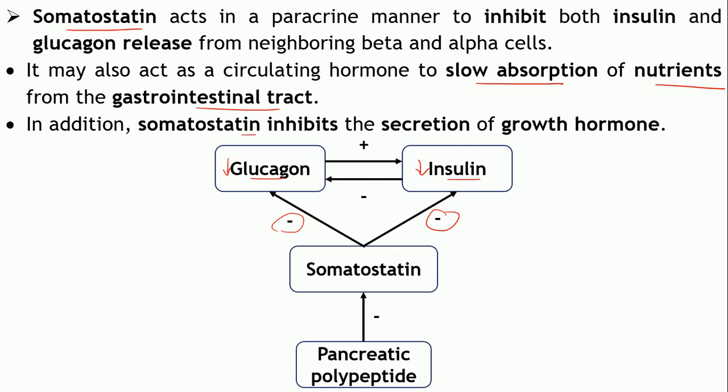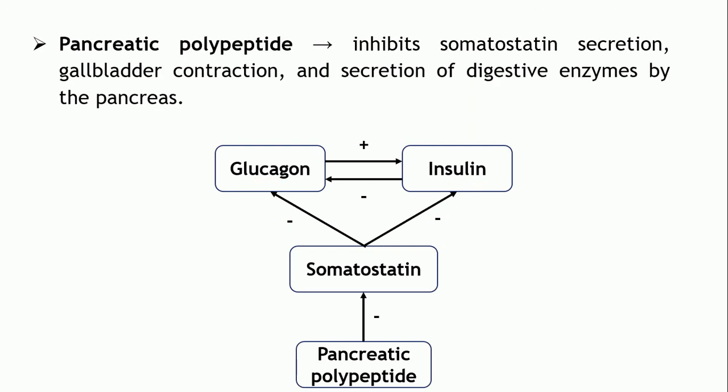Also, this hormone inhibits the secretion of growth hormone, human growth hormone, which is produced by the anterior pituitary. Then the last one is pancreatic polypeptide, which is produced in very small amounts. Its main function is to inhibit somatostatin secretion. As you can see, it is inhibiting the release of somatostatin, so its level will get reduced.